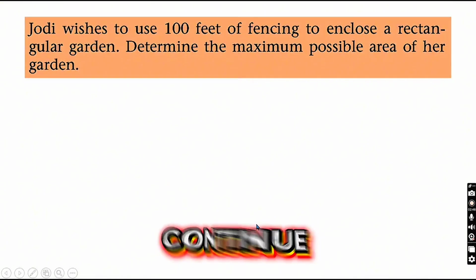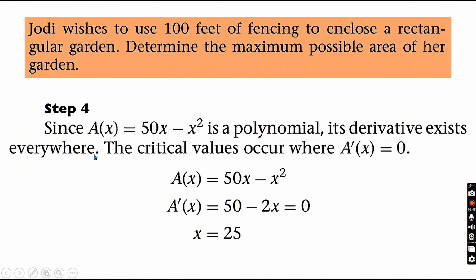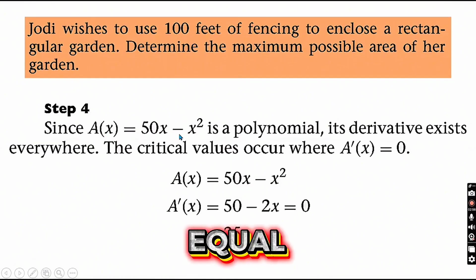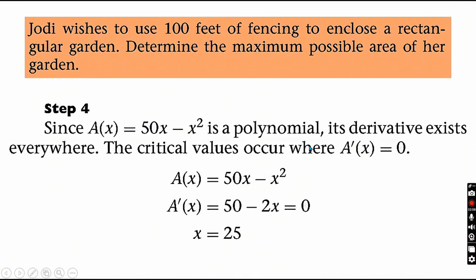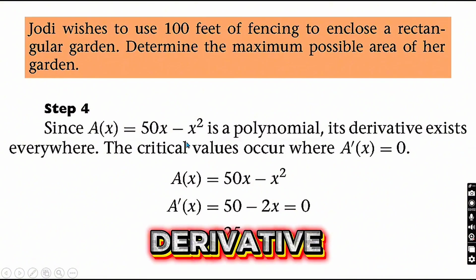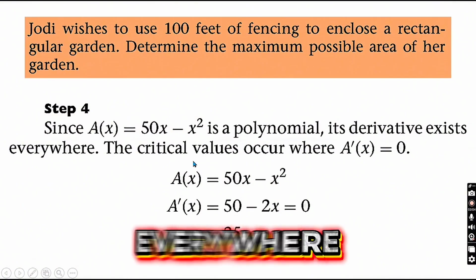So to continue, for our step 4, we have A of x is equal to 50x minus x squared, which is a polynomial, so we will find its derivative, and it exists everywhere.